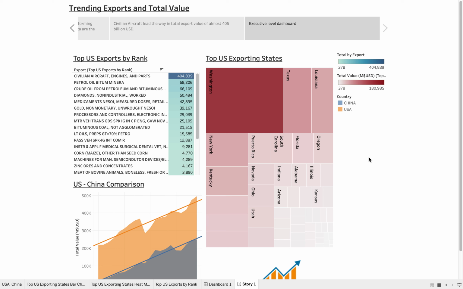So that is my storyboard for Tableau, and that is what was pulled together from a dashboard perspective and presenting to management.